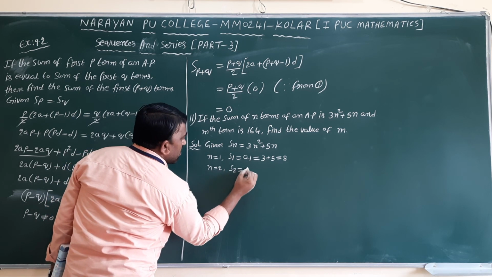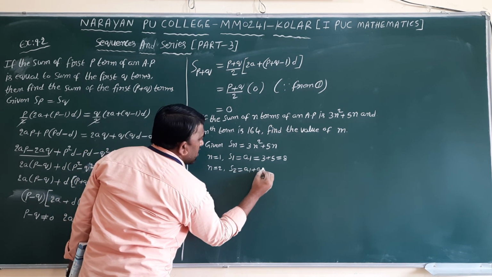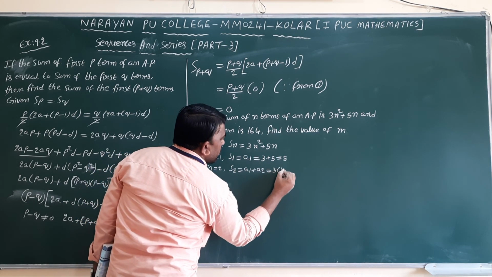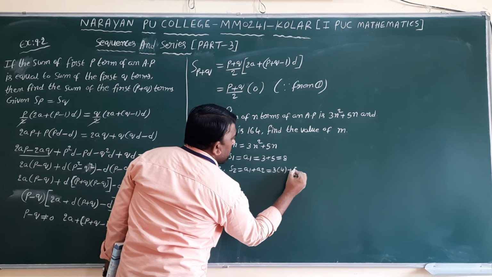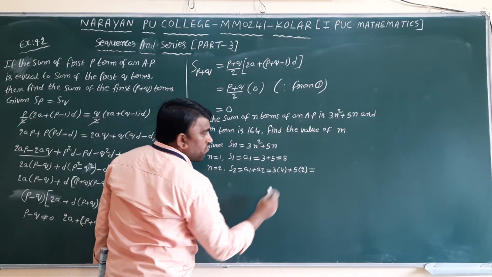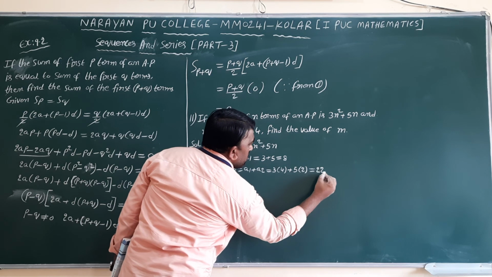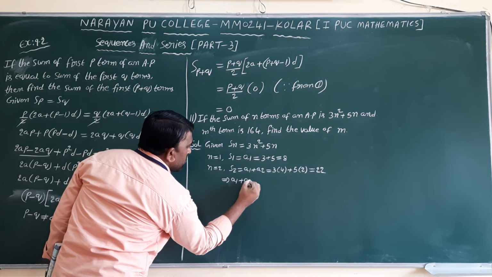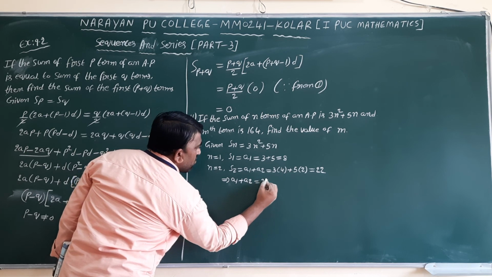S2 is the sum of first two terms A1 plus A2. 3 into 2 square is 12, plus 5 into 2 is 10, 22. A1 plus A2 is equal to 22.